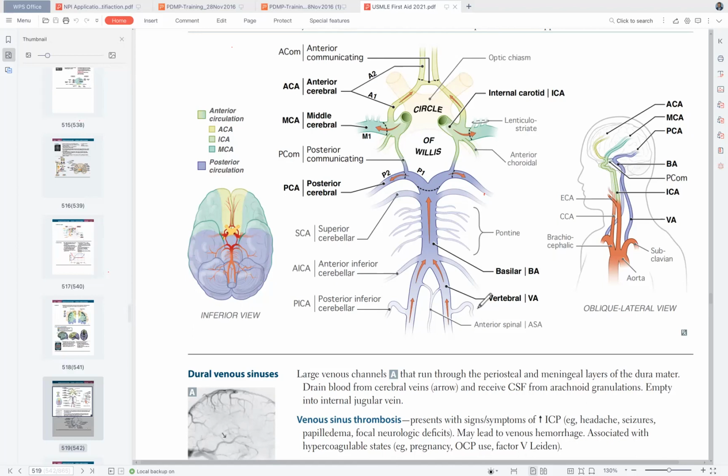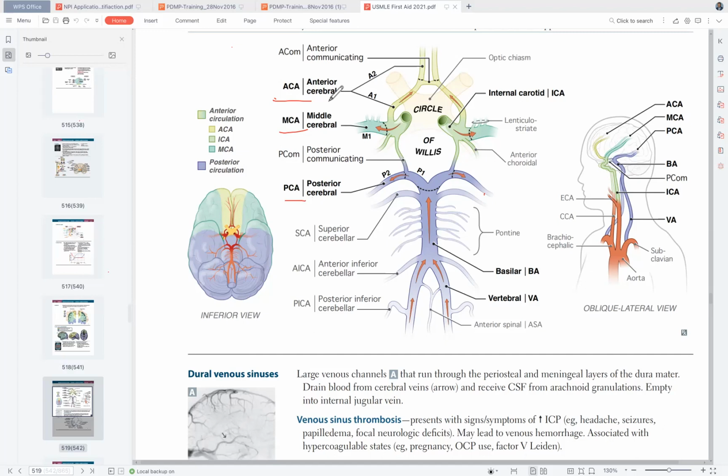So with this whole circle of Willis, they want you to know each of the vessels, like if there's damage or a hemorrhage of each of the vessels, what symptom would you see? At least we know these three already, right? We know the PCA, the MCA, and the ACA.